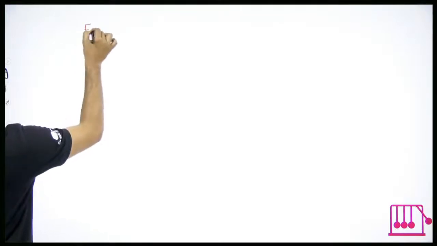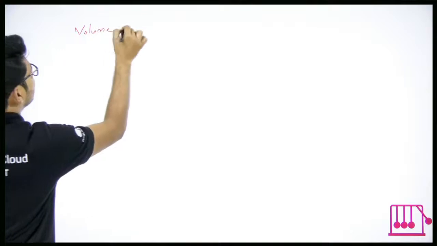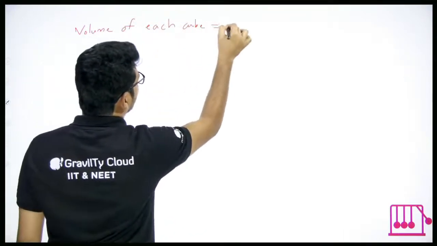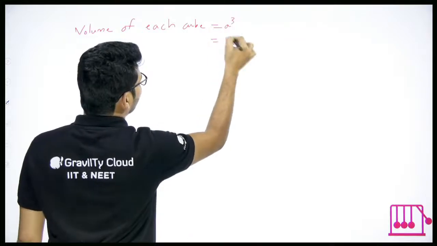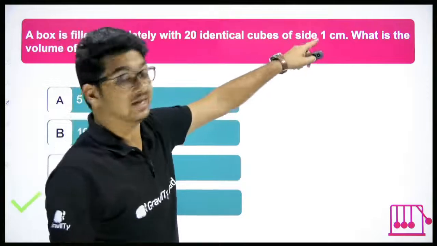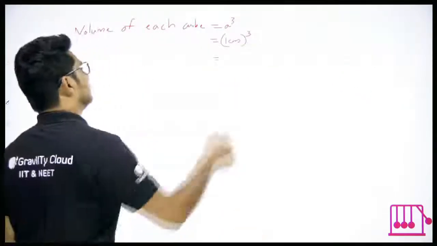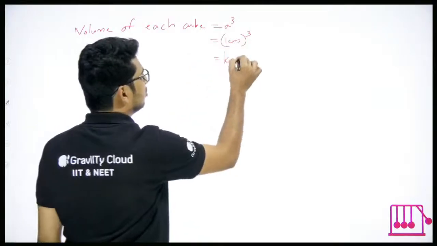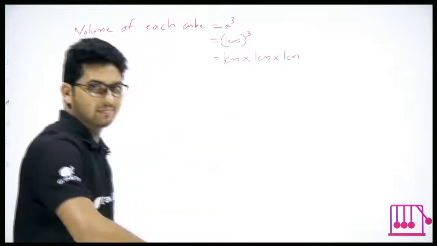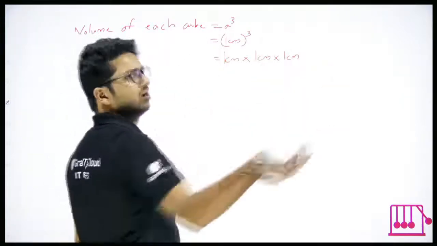See, volume of each cube. What is the volume of a cube formula? It is a cubed. But a is given as 1 centimeter, the side length. So 1 centimeter cubed means 1 centimeter into 1 centimeter into 1 centimeter, 1 into 1 into 1.